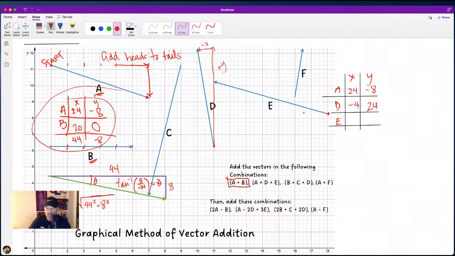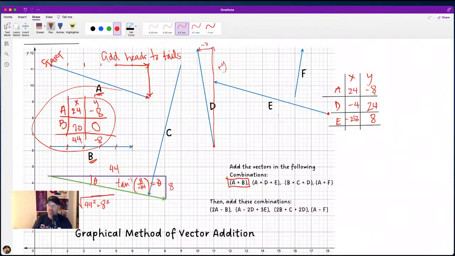So -X is 4, 8, 12, 16, 20, 24, 28. E is -28. And E is positive, looks like 1, 2, 3, and 4 is 7, and 1 is 8, +8.